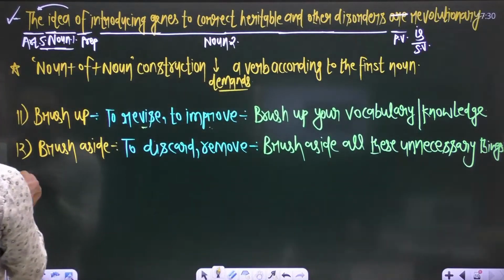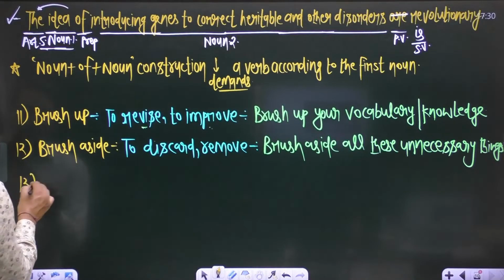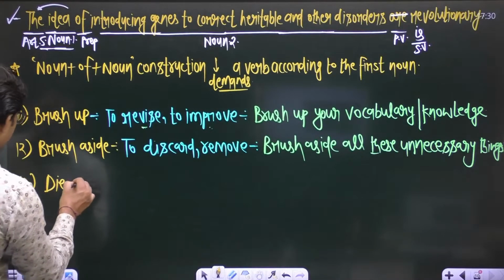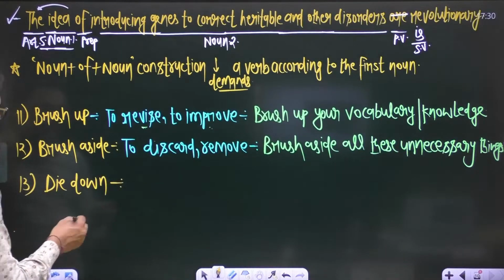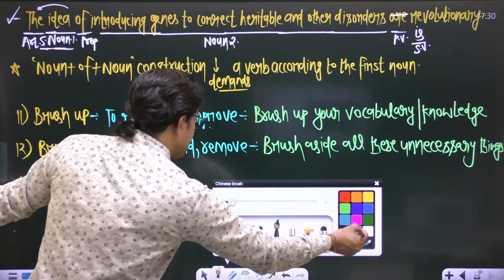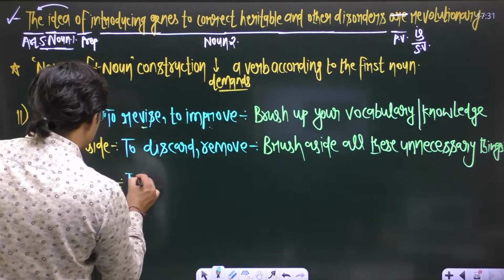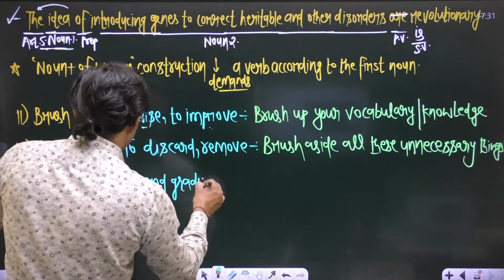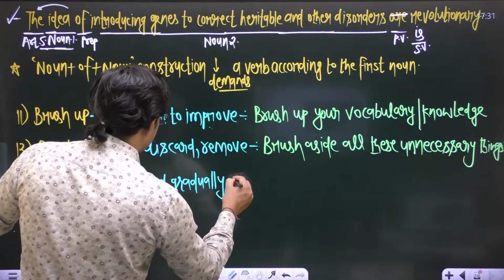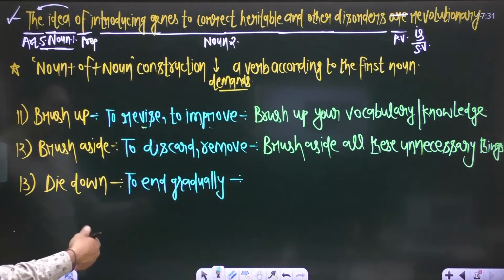That is the 13th, die down. Die down, you know, means what? Die down means, you can say, to end gradually, of something.